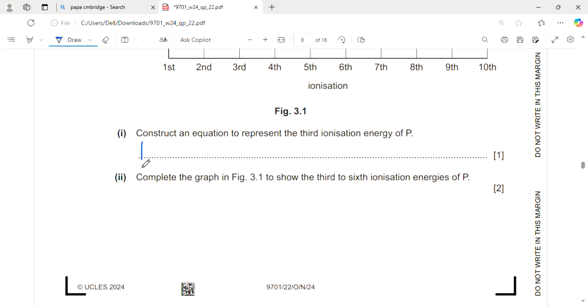So it means the third ionization energy with P 2+ in gas form. This is the third ionization energy.